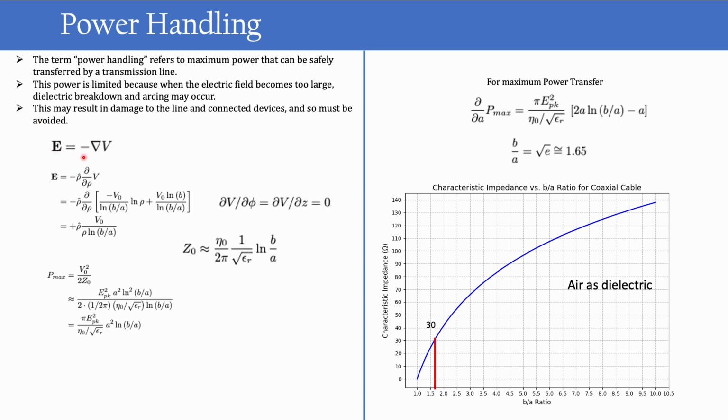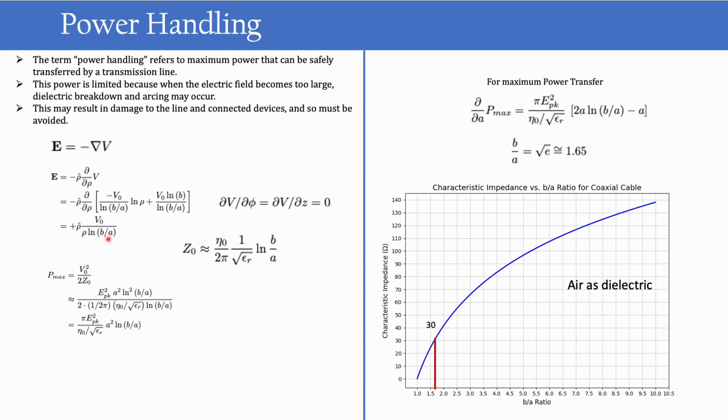For that we are considering a cylindrical coordinate system with rho as the radial dimension and phi and z as the other coordinates. The electric field is minus del V, and based on this, we will get the electric field as E(rho) equal to V0 by rho ln b/a.